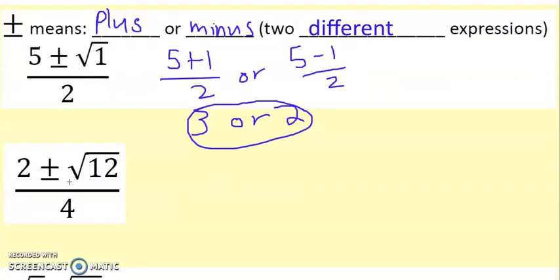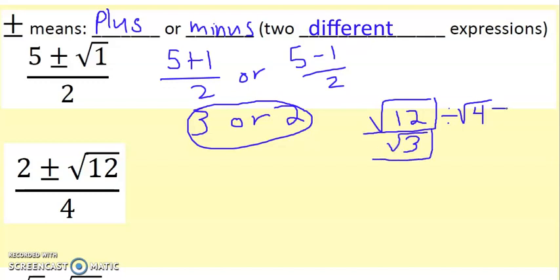Let's do this one. 2 plus or minus the square root of 12 all over 4. Well, first of all, let's figure out what the square root of 12 is. For the square root of 12, we could divide out 4. 12 divided by 4 is 3. And we're done. The square root of 4 is 2. 2 times the square root of 3. That's what it is.